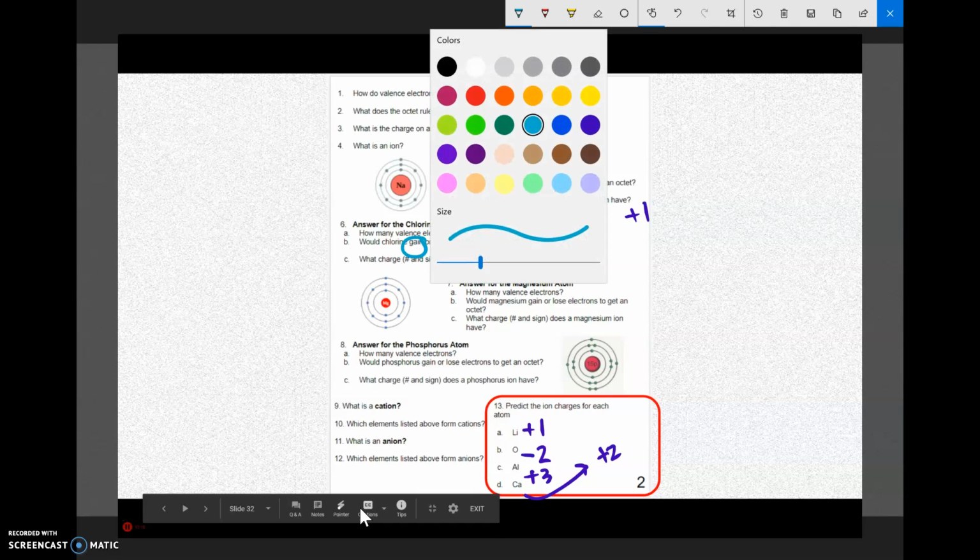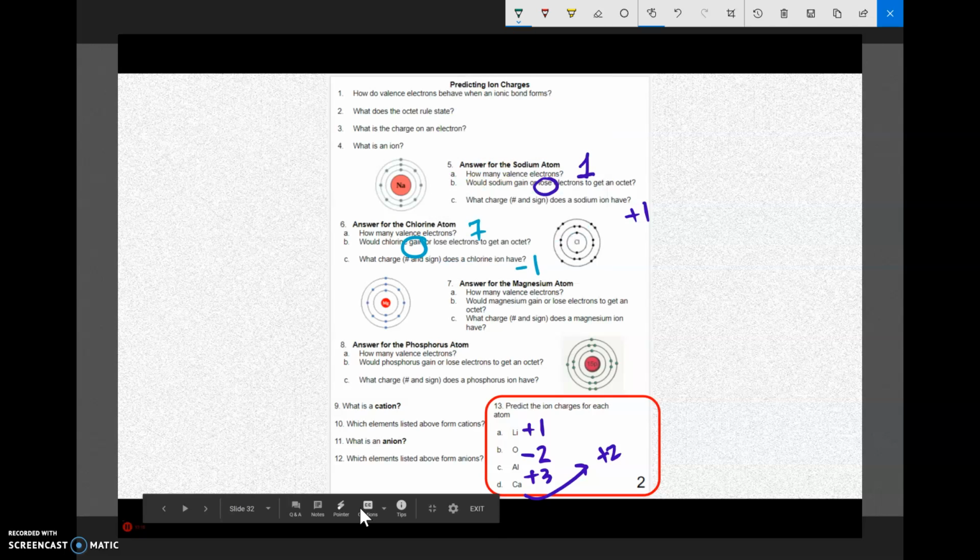Magnesium is in group 2, so it has 2 valence electrons. It's going to want to lose those 2, and so it becomes a +2. And then phosphorus has 5 valence electrons. It's going to want to gain 3 because 3 + 5 is 8. And so this is going to give us a -3 charge.